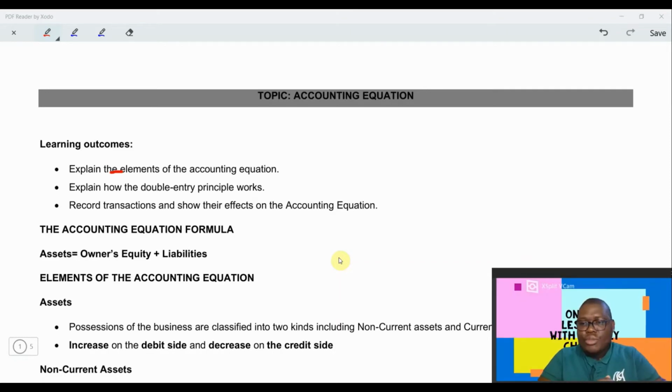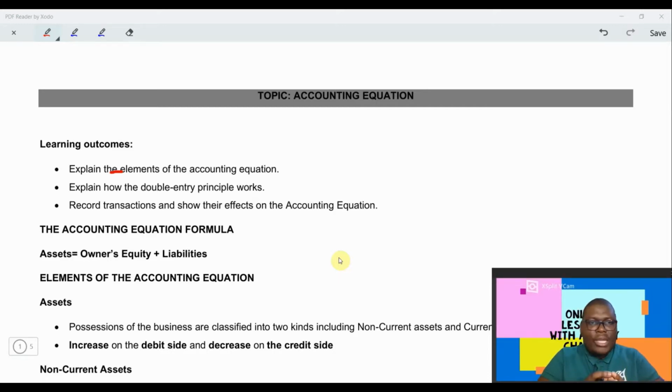Today in our lesson, we're going to be talking about the accounting equation. This topic is very important because the accounting equation is almost a topic that affects each and everything that we do in accounting. When you were in grade 10, you were introduced to things like the income statement, and that has an effect on such. You were also taught about the accounting equation in grade 10.